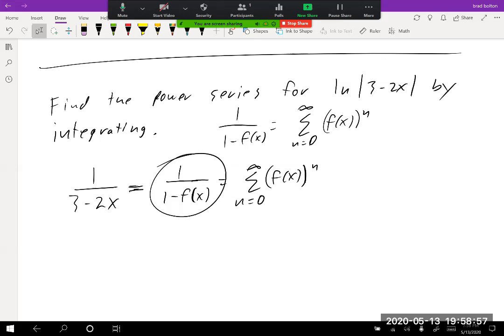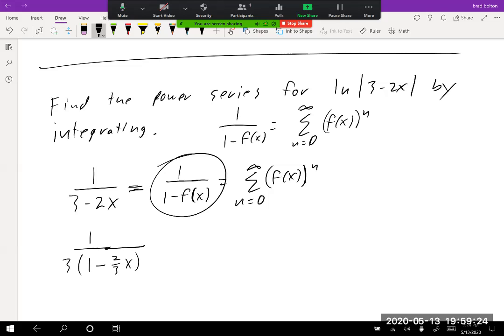Let's see here. We want 1 over 1 minus, okay? So that means that we're going to have to rewrite this as 1 over, and now I'm going to factor out a 2, let's see here, 2/3 maybe? Well, I got to factor out a 3 first, and that would be 1 minus 2/3 x.